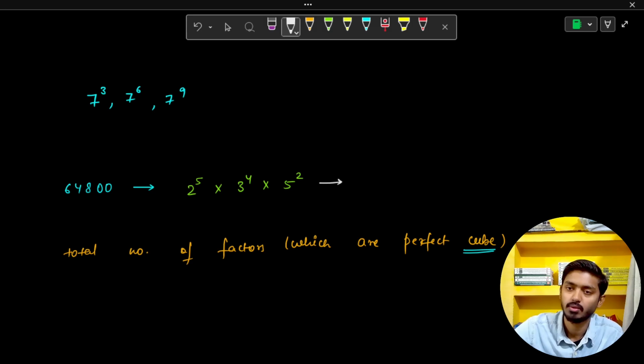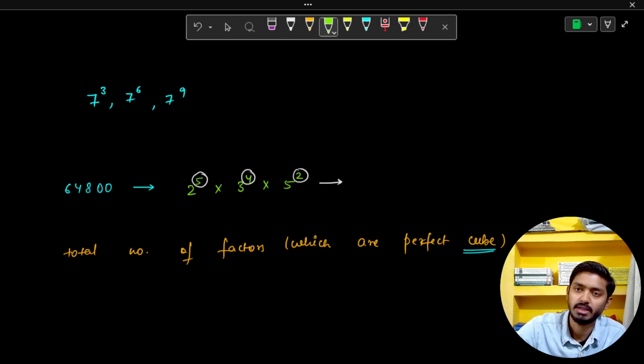We are going to divide the exponents by 3. Over here, the exponents are 5, 4, and 2. Let me write the factors first of all. We divide the exponents by 3, we get 1.66, 1.33, 0.66.